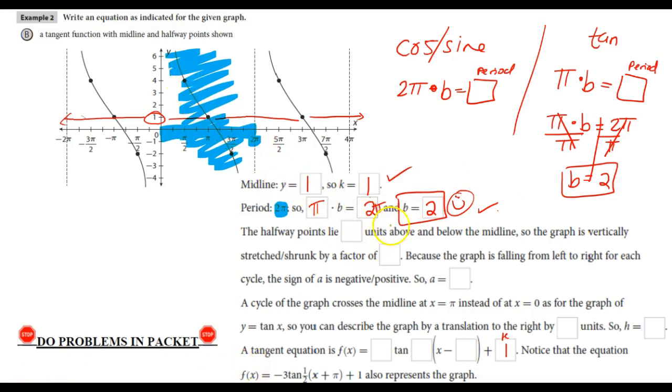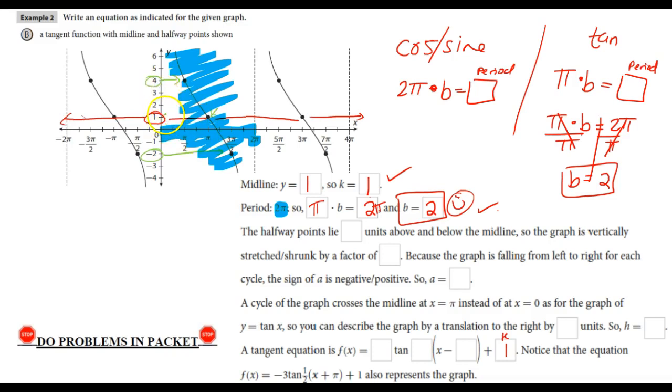It says the halfway points lie blank units above and below the midline. So here's our middle, right? Notice how it goes from the middle, which is at 1, to a high point of about 4, to a low point of about -2.